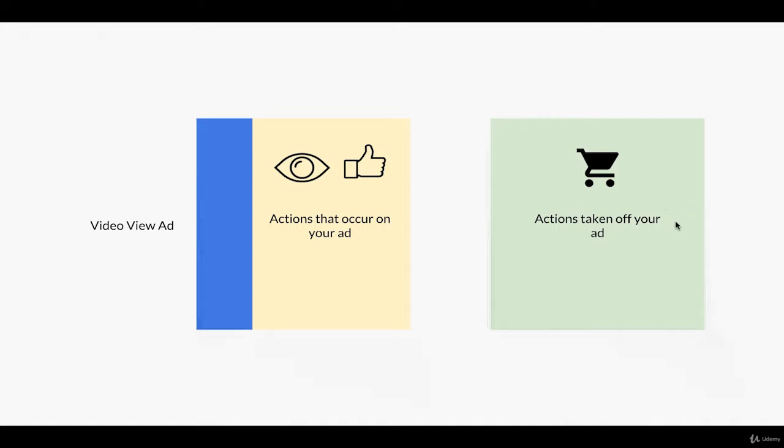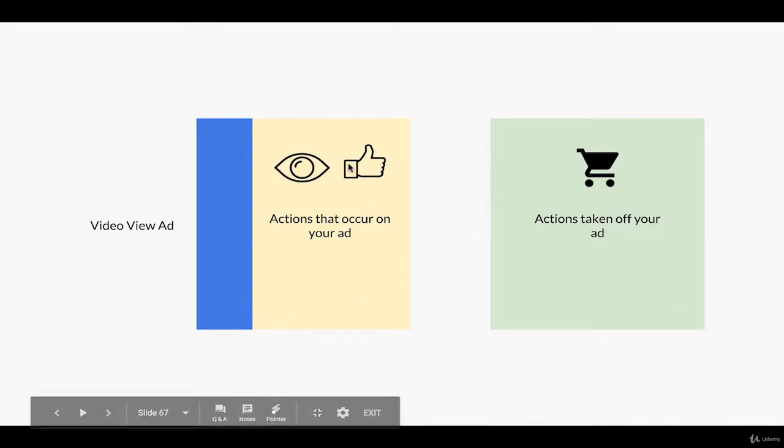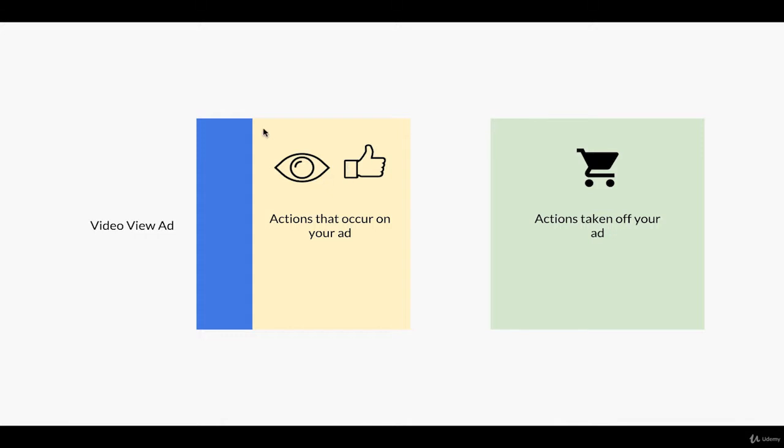So for example, visiting another website or speaking about events. You can either directly attend the event on the advertisement, or you can do it later by clicking on the Facebook page and then again visiting the event page on Facebook and attending the event, which is also an action taken off the advertisement.